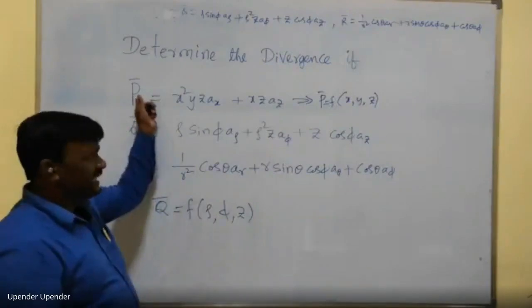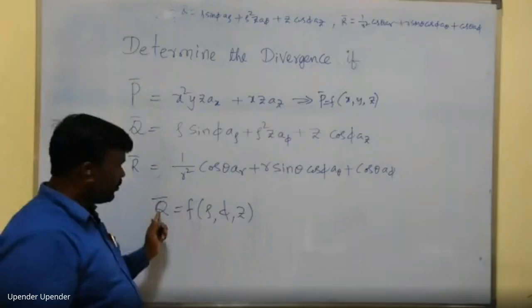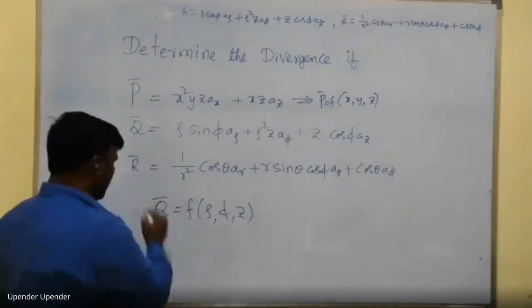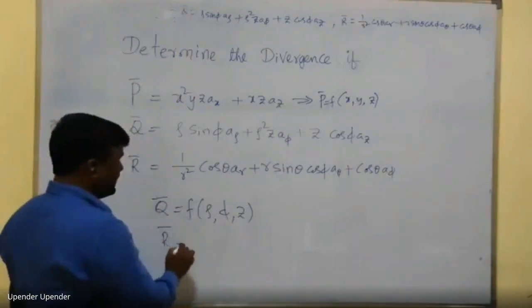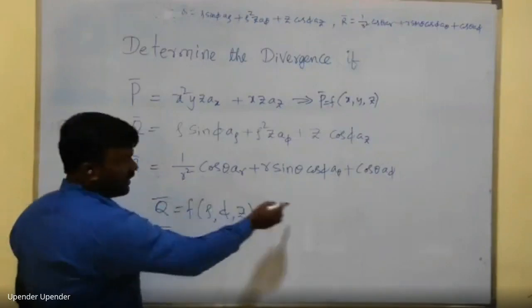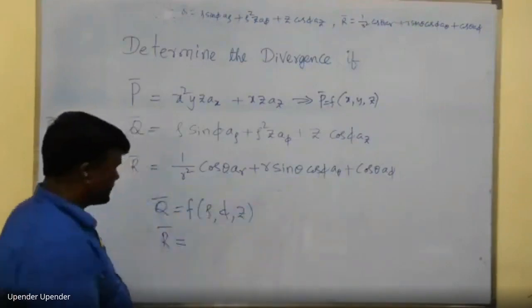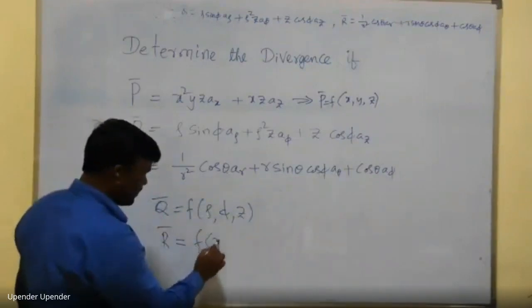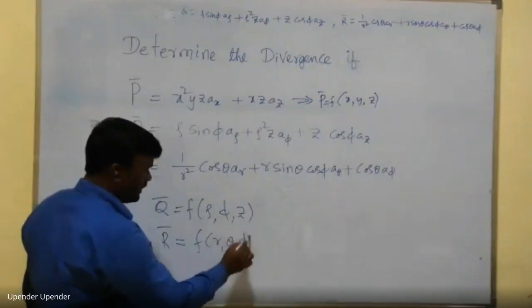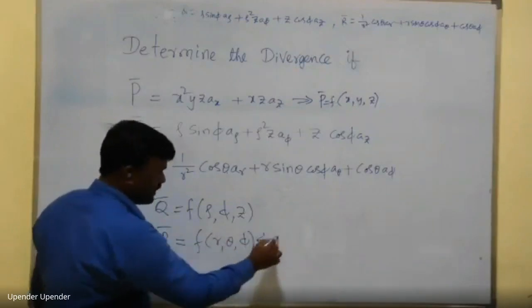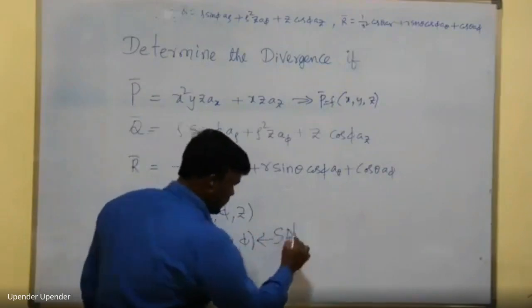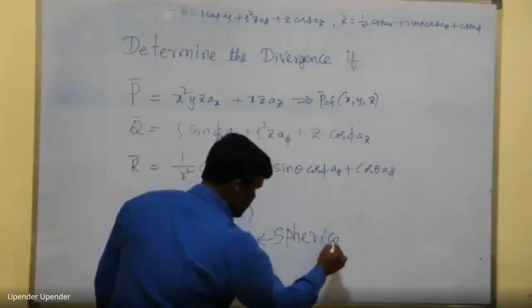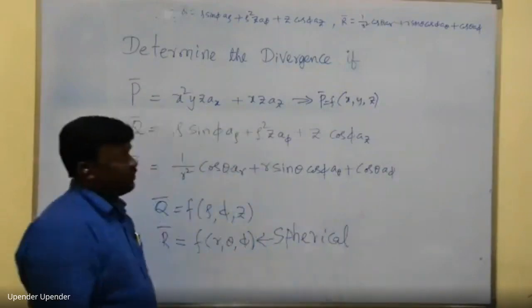Means that this p bar is in Cartesian coordinate system, q bar is in cylindrical coordinate system, and r bar is a function of r, theta, phi, means r bar is in spherical coordinate system.